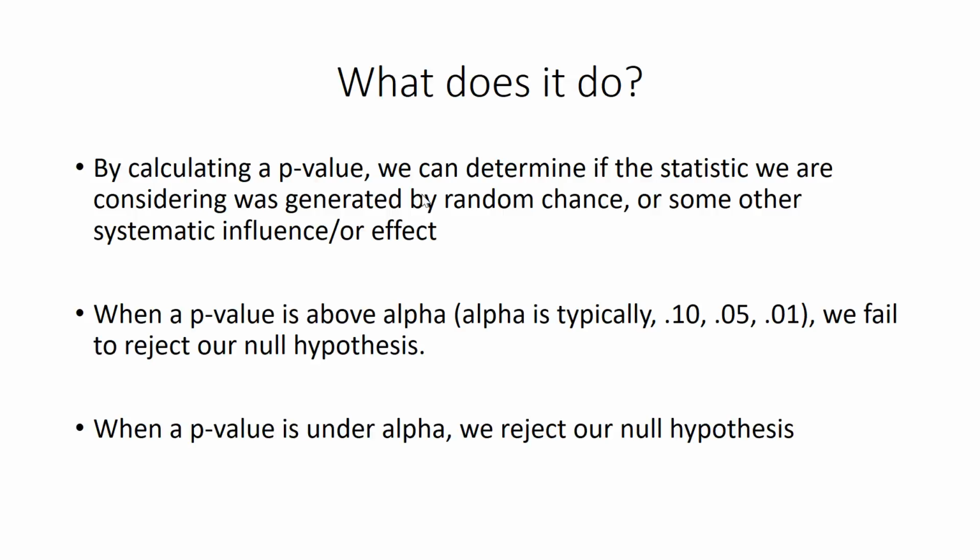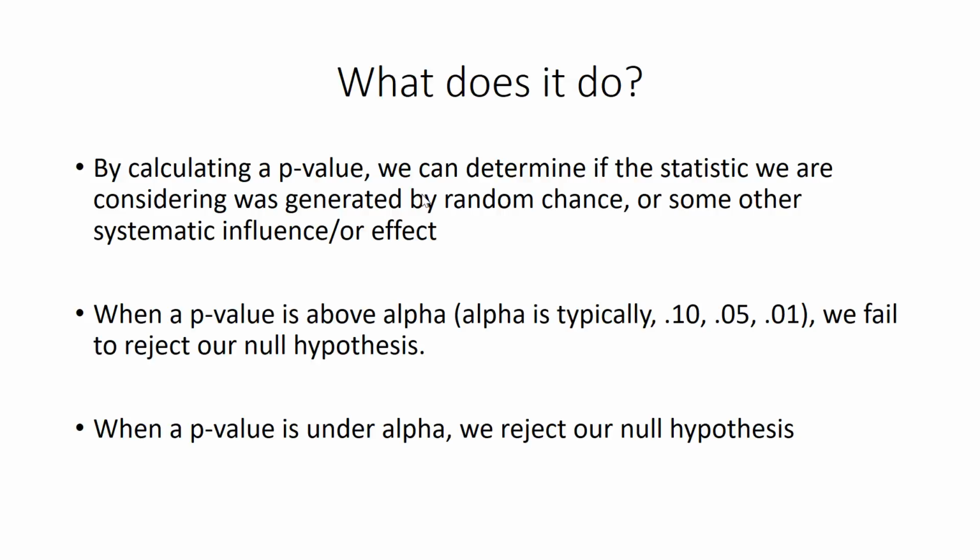When the p-value is small, when it's under our level of alpha, we have enough evidence to reject our null hypothesis and start investigating what's going on with our alternate hypothesis. That is, why the data is not randomly generated. So what are the factors that are generating the data? Or why is our data different from what is already known about data of that type?